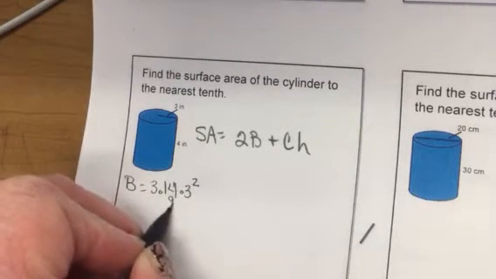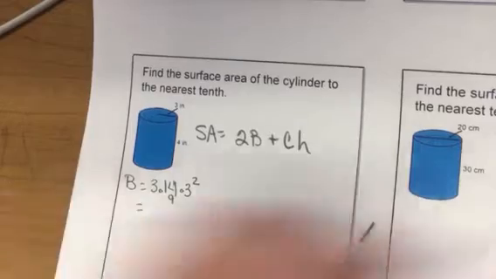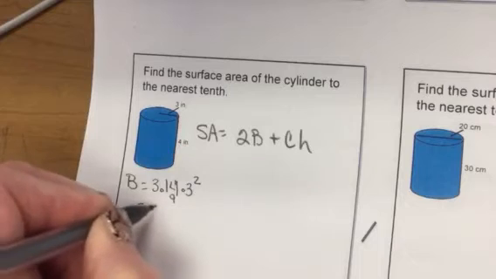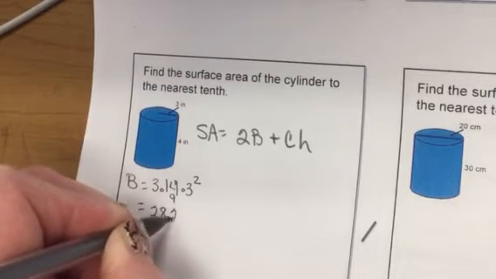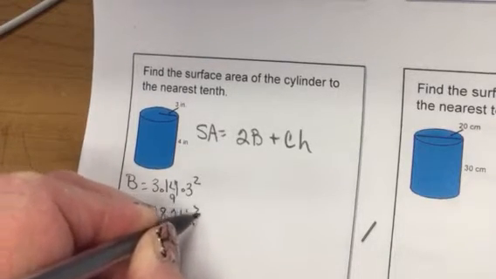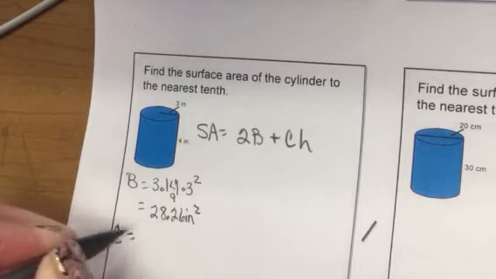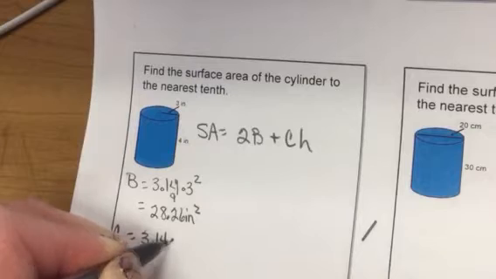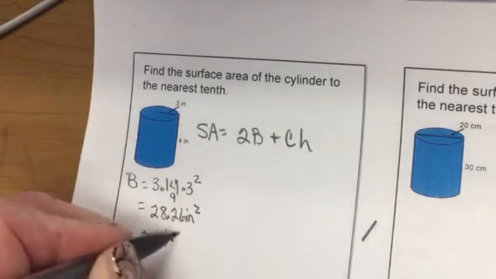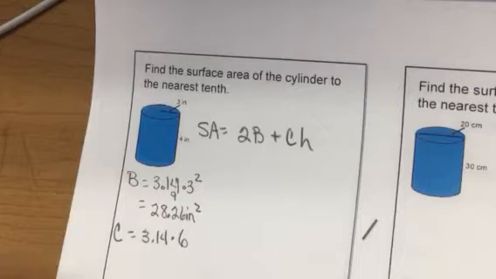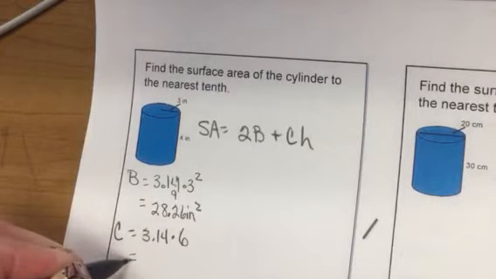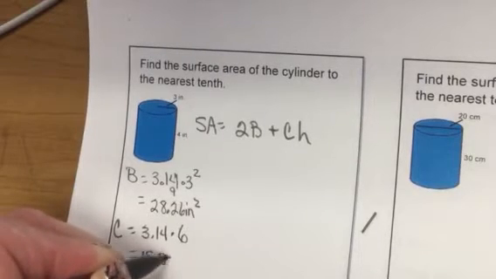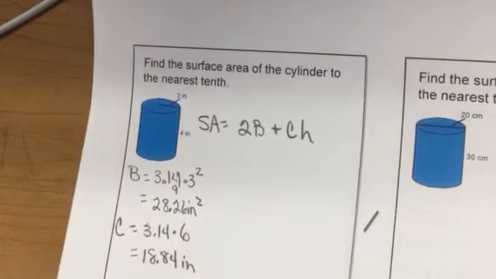So I'm going to take 9 times that, and I get 28.26 inches squared. My circumference, pi, 3.14, times my diameter. Well, if the radius is 3, the diameter is 6, giving me a circumference of 18.84 inches.